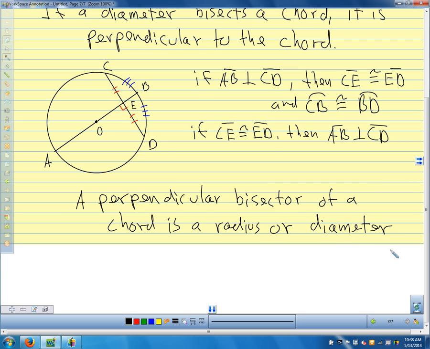And the radius and diameter, the other thing we can figure out from that is our radius and diameter always go through the center. So if we have a perpendicular bisector to a chord, that guarantees us that that segment, whatever it is, a radius or a diameter, goes through the center of the circle.